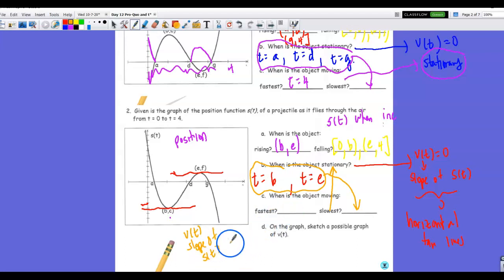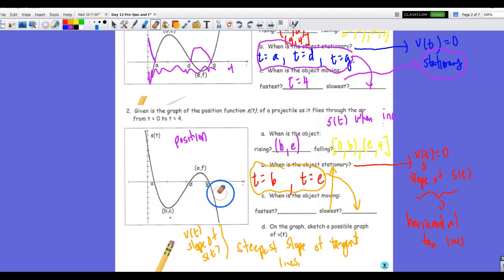So if we want to find the fastest, what we're really looking for is the steepest slope of tangent lines. So we have to really think about our tangent lines and when the tangent line would have the steepest slope. So this is more of an approximation, so let me clear this off. And this is kind of not the easiest to answer.